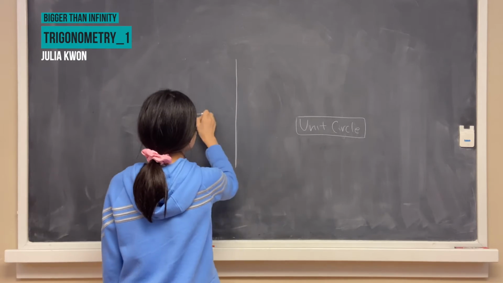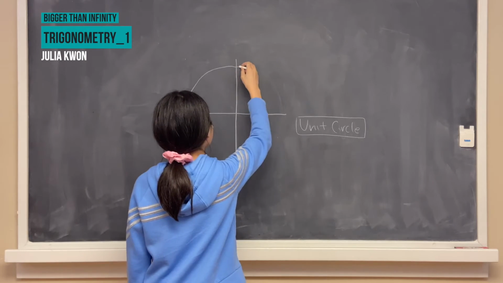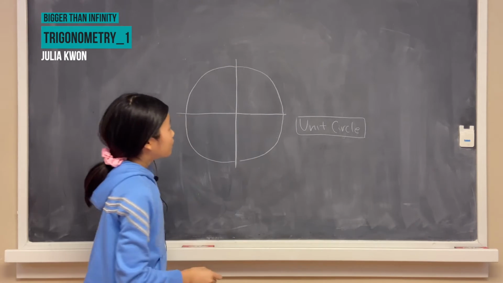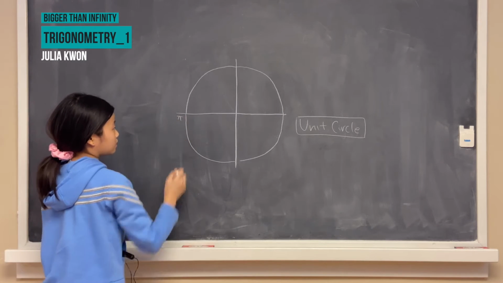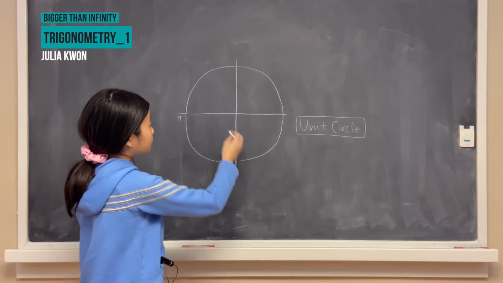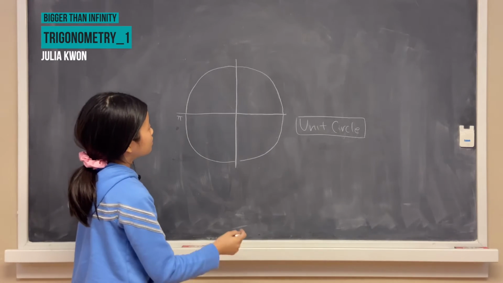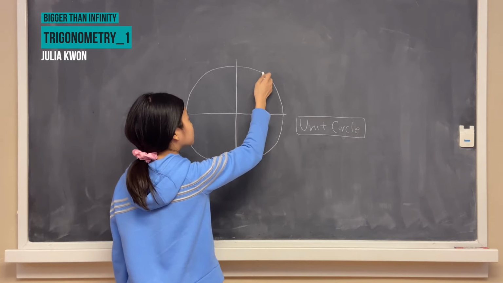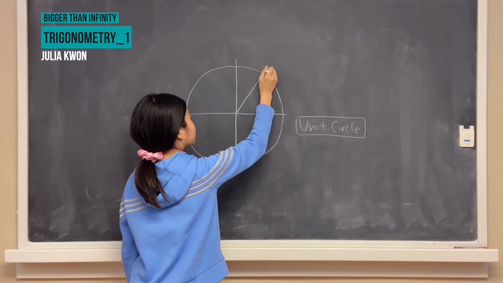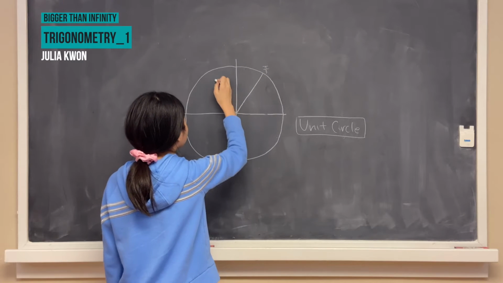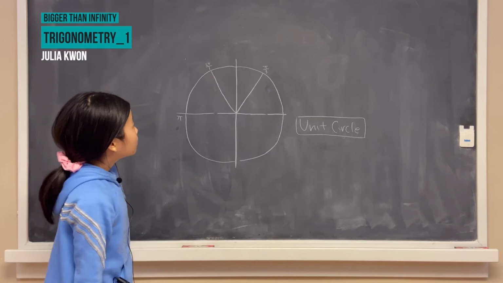So if I draw a circle here, then what I would like to do is put the pi here and then divide pi into 3 parts, and that would give us pi over 3 here and 2 pi over 3 here.